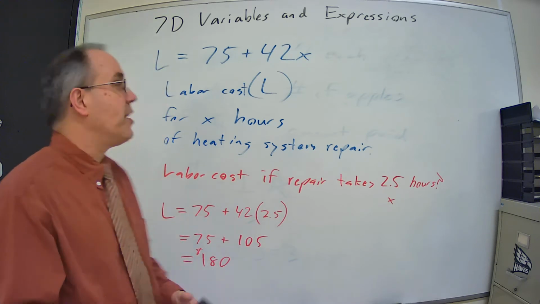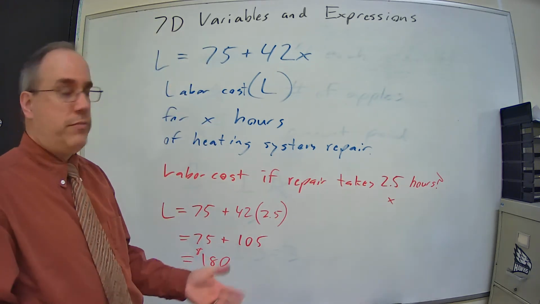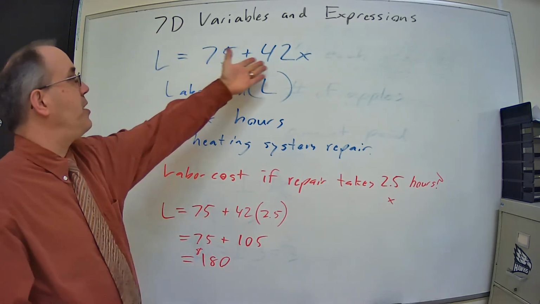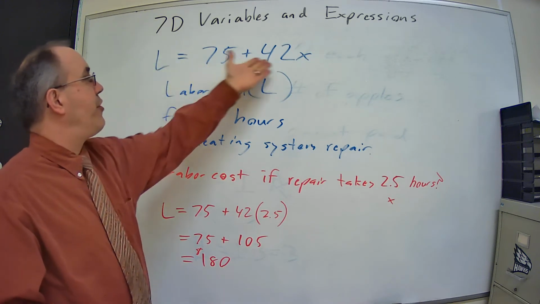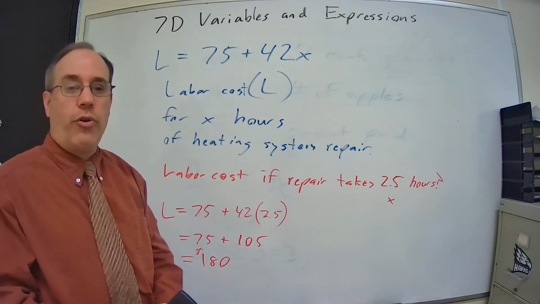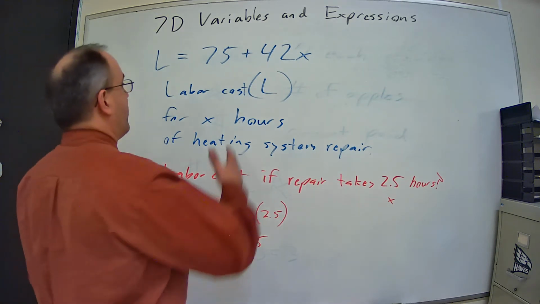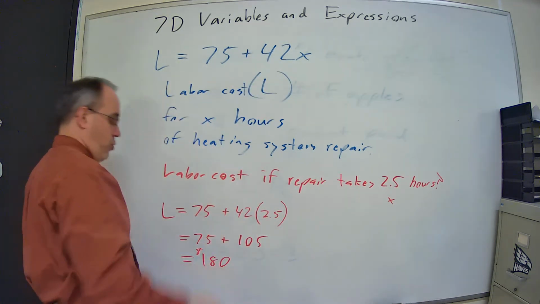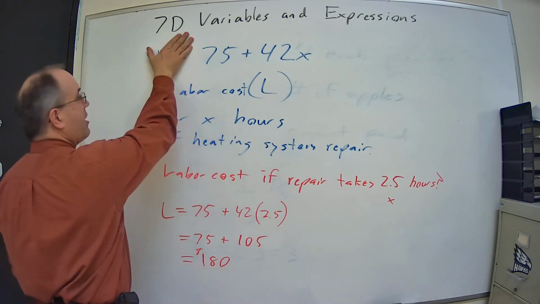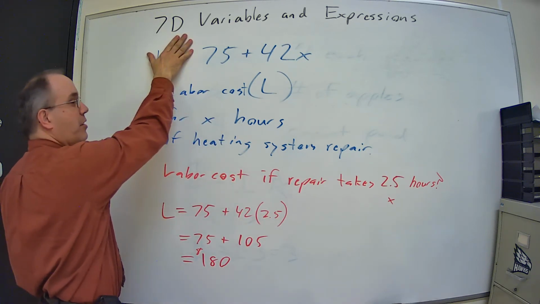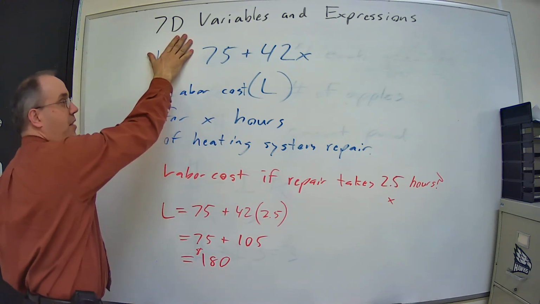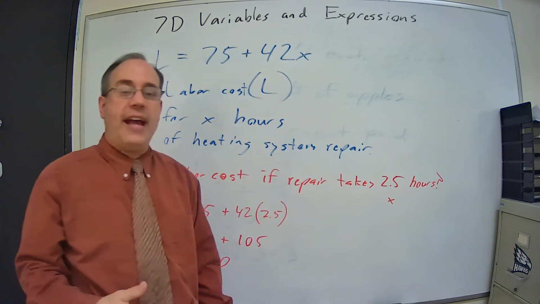Okay, so that's variables, and you can see this could be considered a variable expression or equation. I'm going to call it an equation because it has equals. If I got rid of that equals and just said 75 plus 42x, then I would call that an expression.